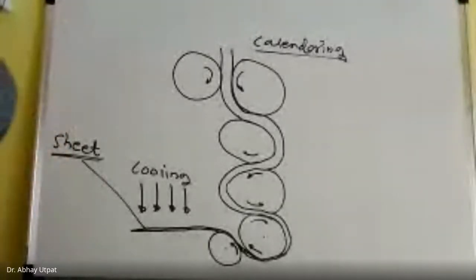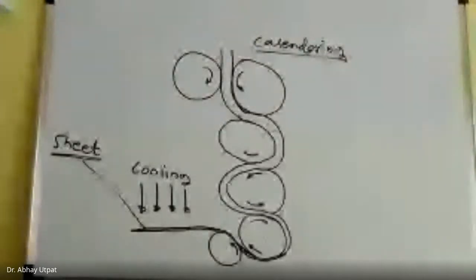So friends, I will just review what we have studied in today's class. In an earlier class we started injection molding. Then from today's class, we started with the extrusion molding process.